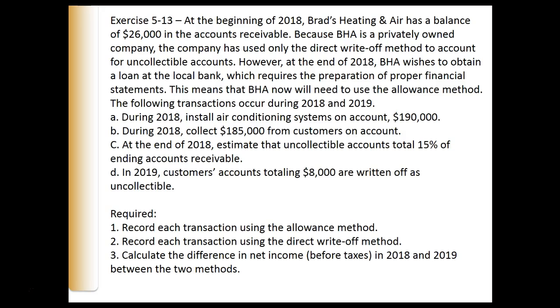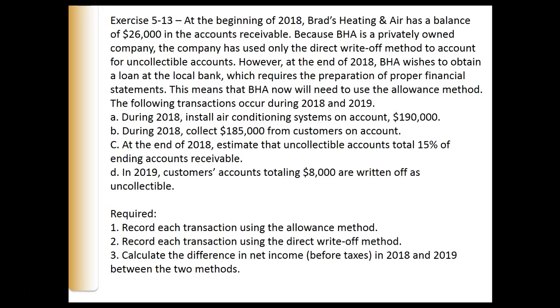And then D, in 2019, customers' accounts totaling $8,000 are written off as uncollectible. Now, the first requirement is for us to record these transactions using the allowance method.